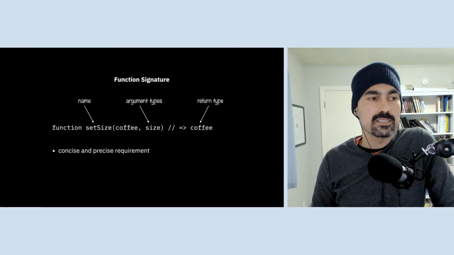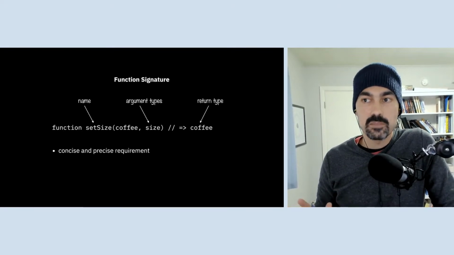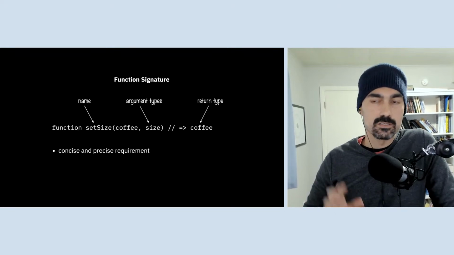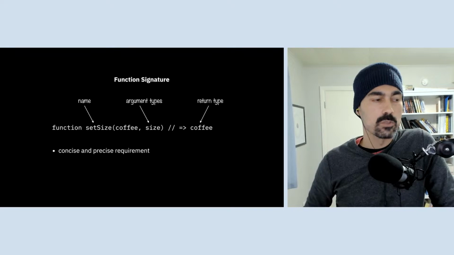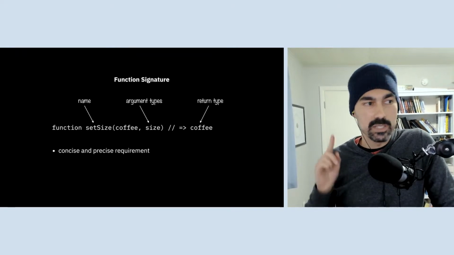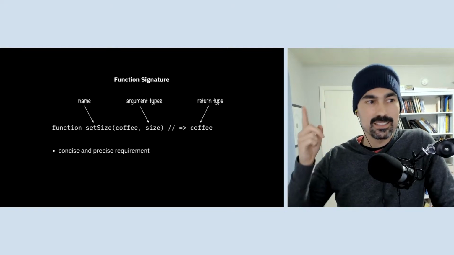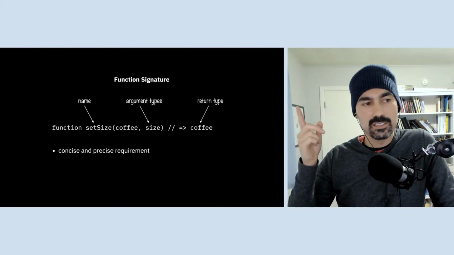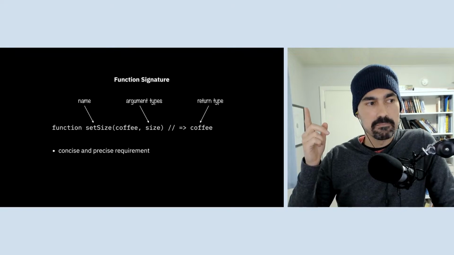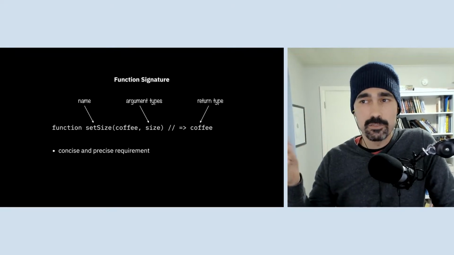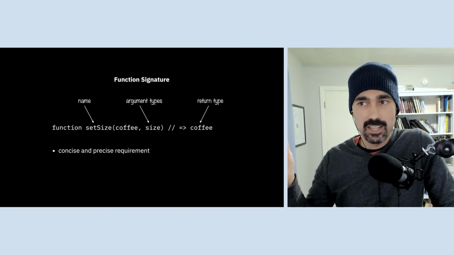They're so concise and precise. As long as you're talking about a pure function, they show you exactly what you're going to need to perform this operation, what you're going to get when you're done. And because of the name, it gives you also a semantic hook, because you can also see that there might be ways of implementing this function that just return the same coffee without modifying it, just ignore the size argument.